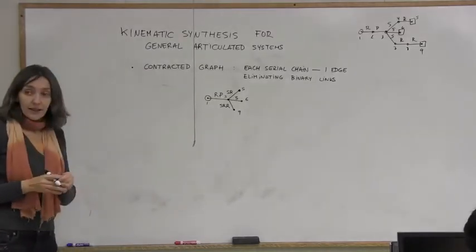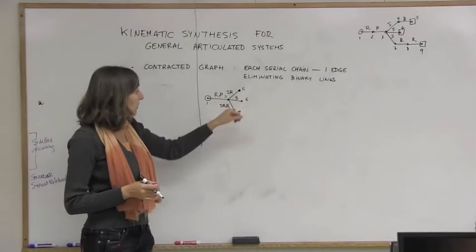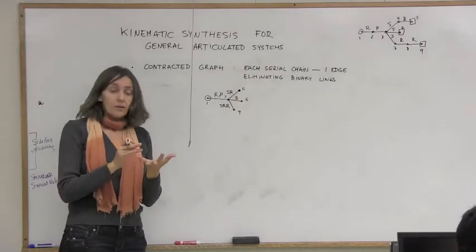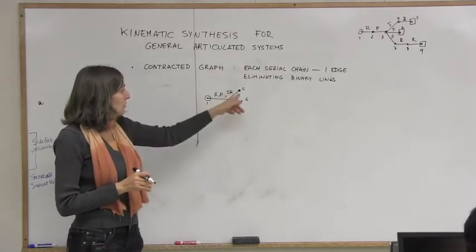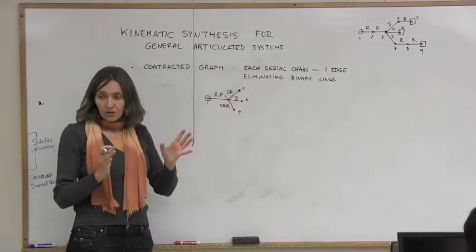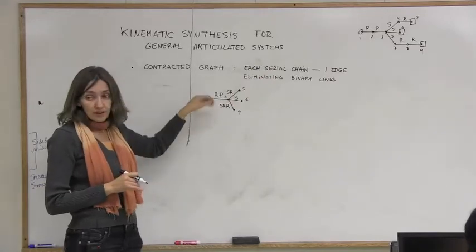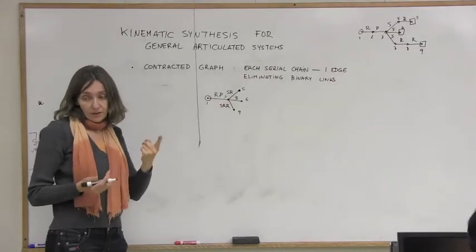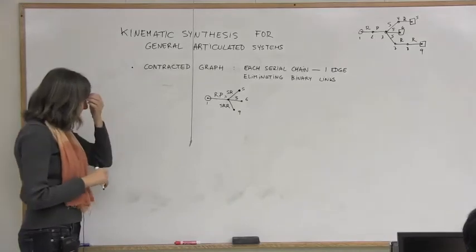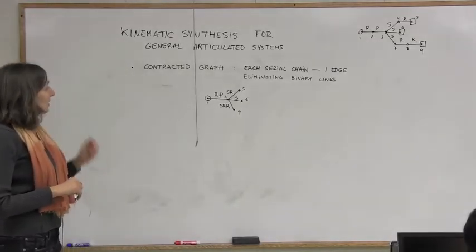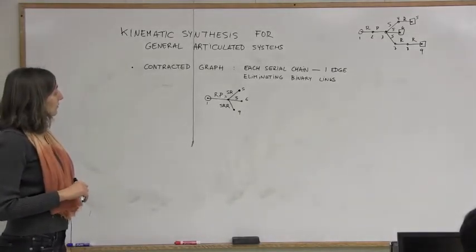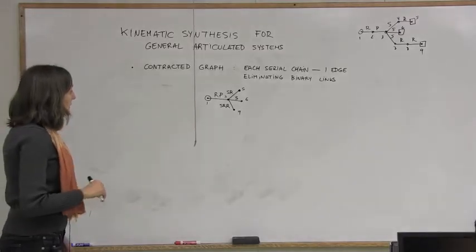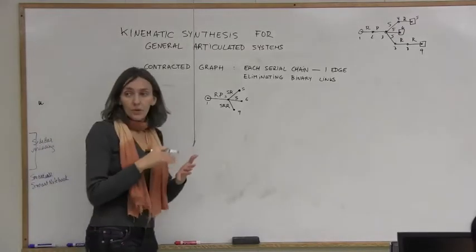And then another thing that happens is that the links of degree 1 are either the root or an end effector, which means we don't need to identify the end effectors with a box anymore. If it's not the root, then it's an end effector, if it's a link of degree 1. We can do that if we don't have loops, okay?